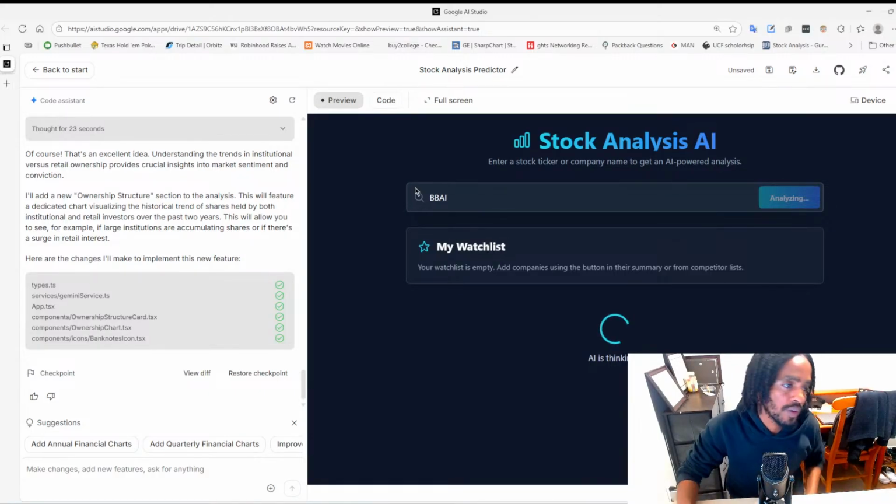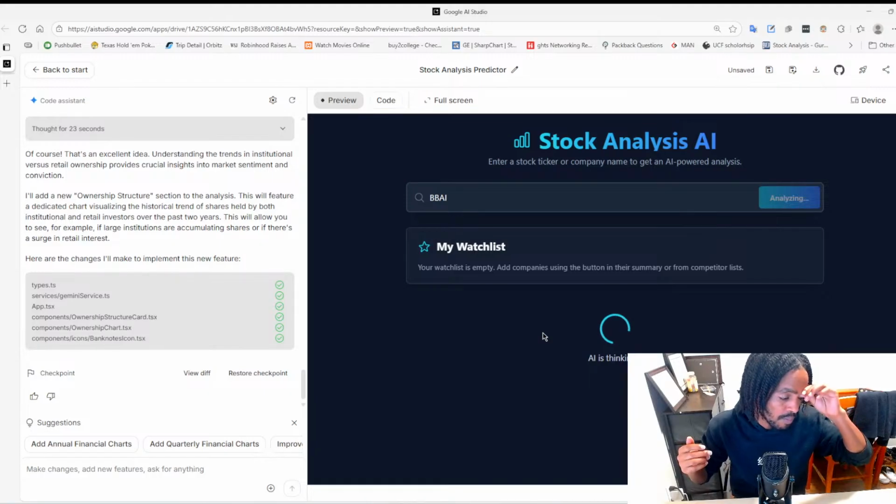So this is cool, right? I mean, it's going to go through, it's going to find what I'm looking for. Would I prefer to go to the different sites, try to find the retail sentiment, institutional sentiment, what the company wants to offer in the future manually?